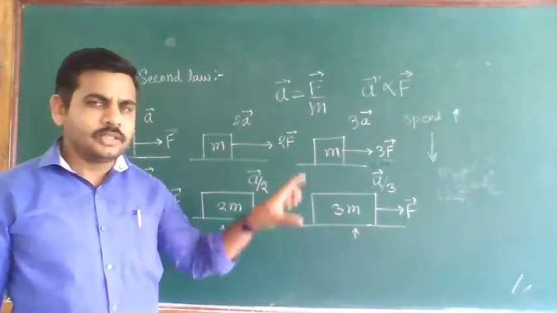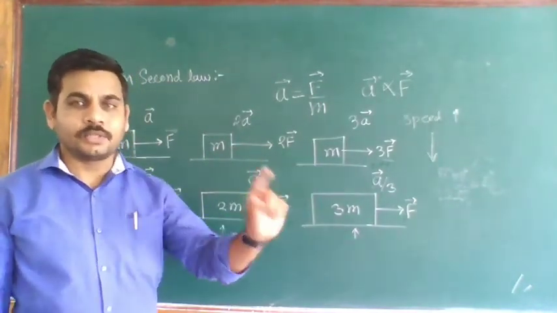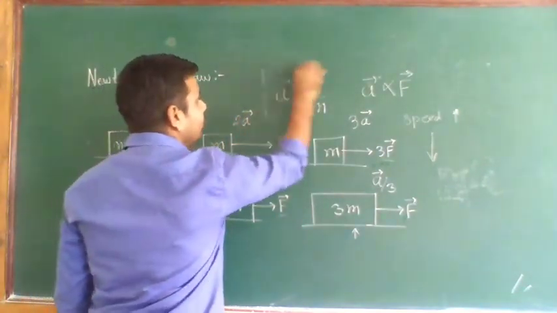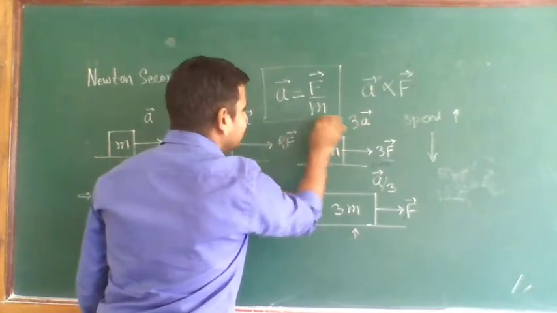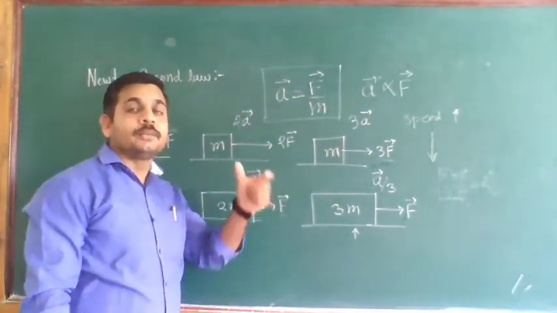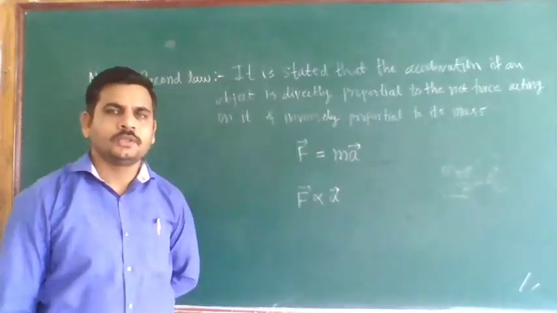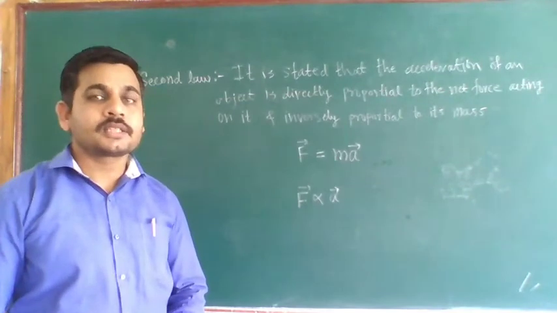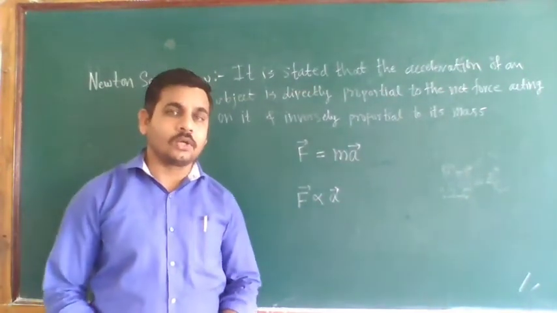So in your daily life also you see this observation. Overall you get the relation between acceleration, the applied force, and the mass of that body. From this observation we can make a statement of Newton's second law.